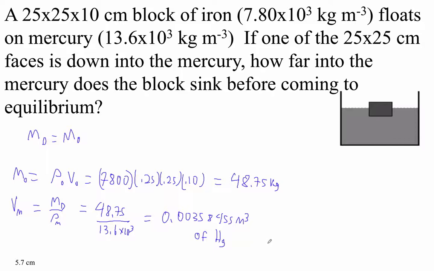Now this block is going to sink in some amount, and we'll call this distance x. The volume displaced is going to be 0.25 times 0.25 times x, where x is how far into the mercury it sinks, and that's going to equal this volume.